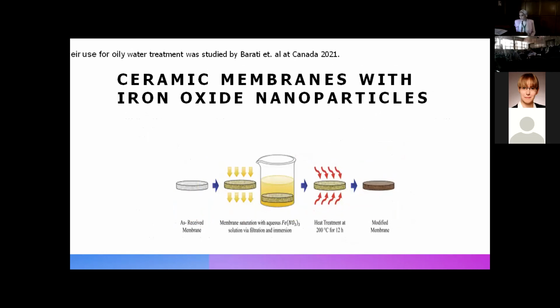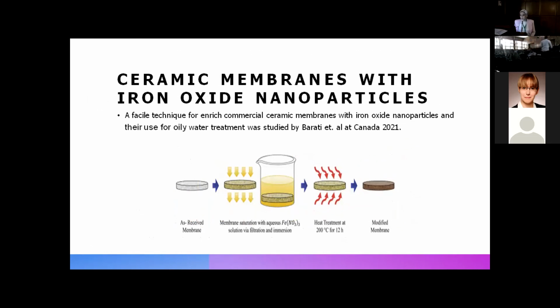Another research, also on the same point, the effect of nanoparticles in improving ceramic membrane fouling, with iron oxide. Iron oxide also was used by Barati, in this research in Canada, also this year, 2021.